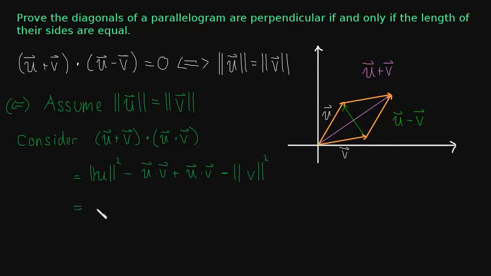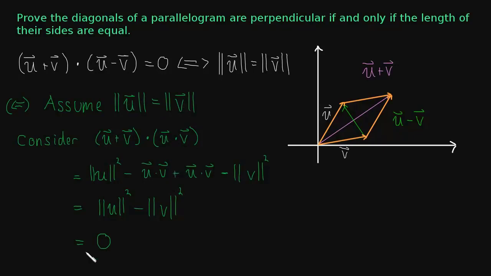And this is equal to the length of u squared minus the length of v squared. Since the length of u is equal to the length of v, we can substitute one in for the other, and we know, of course, that this is equal to 0. So we took the dot product and we found out that, yes, the dot product is equal to 0. So that's it. We're done with our proof.